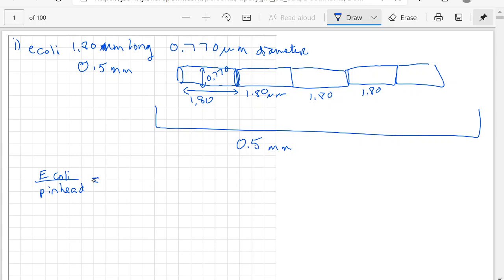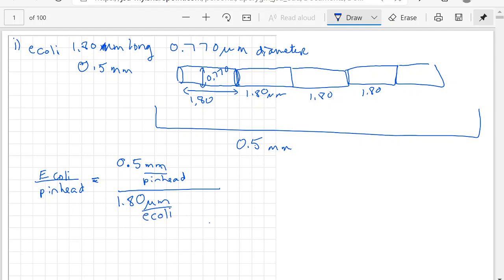That looks a little bit tricky, because it looks like we're going to put our E. coli on the top and our pinhead on the bottom, but actually what we're going to do is say that if our pinhead is 0.5 millimeters per pinhead, and then we're going to put the length of the E. coli cell on the bottom, 1.80 micrometers per E. coli.